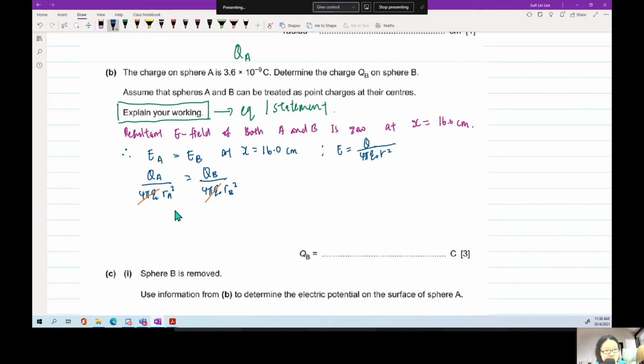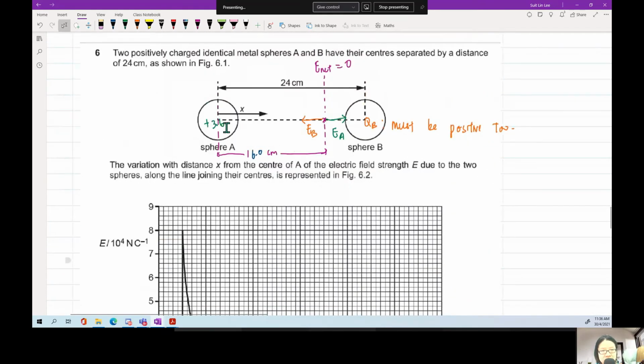Okay. And then I'm going to put QA and QB together because I can cancel off the prefix if there's any, right? And then I'll bring up the RA and the RB together. Miss, what is RA and what is RB? Well, look here, lor. We are measuring the distance from here to here.